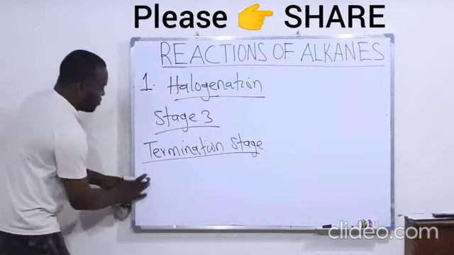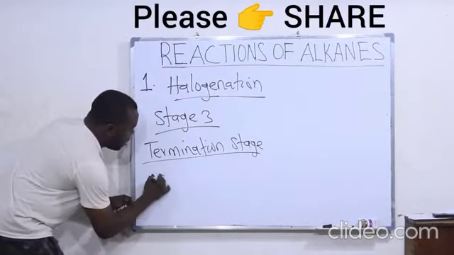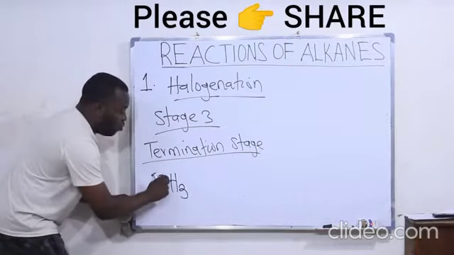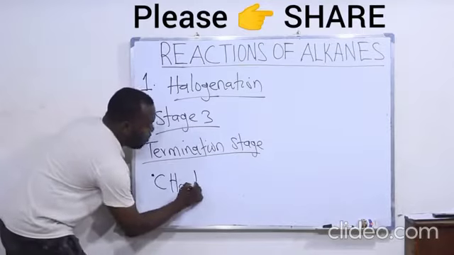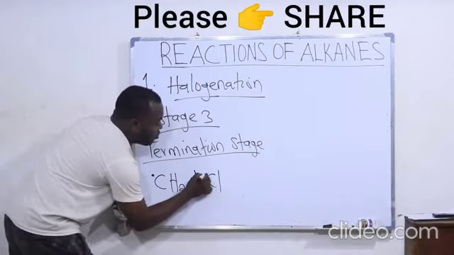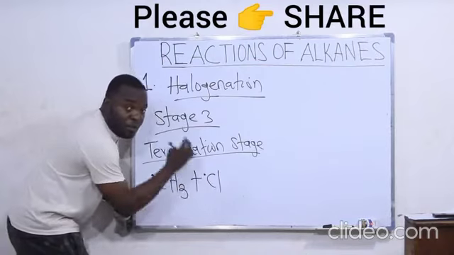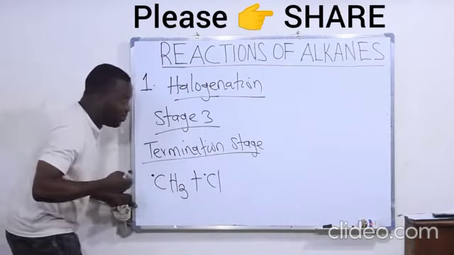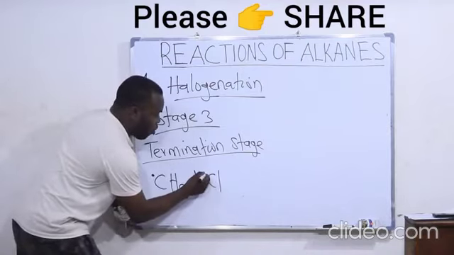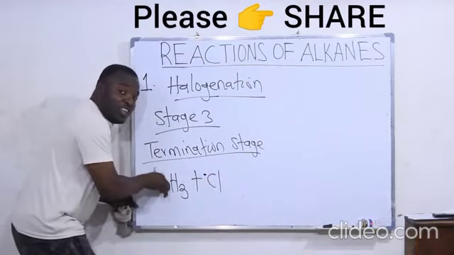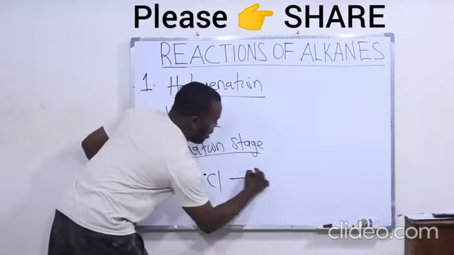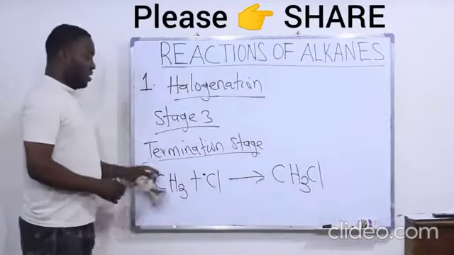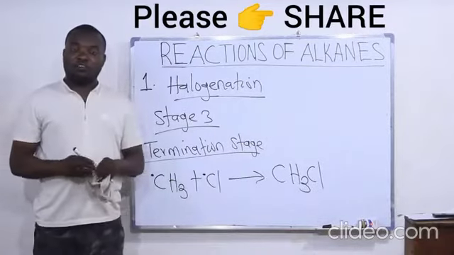What exactly happens is that the methyl radical that was formed during the propagation stage, the one whose H was knocked out, will combine with the second halogen radical. Remember, there are two halogen radicals. The first one went to the alkane and pulled out one hydrogen. Now the second radical will come and take the position of that H that was knocked out. You now have CH3Cl. And at this point, the reaction stops.